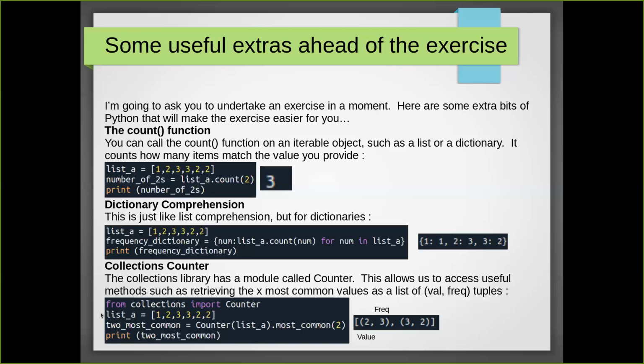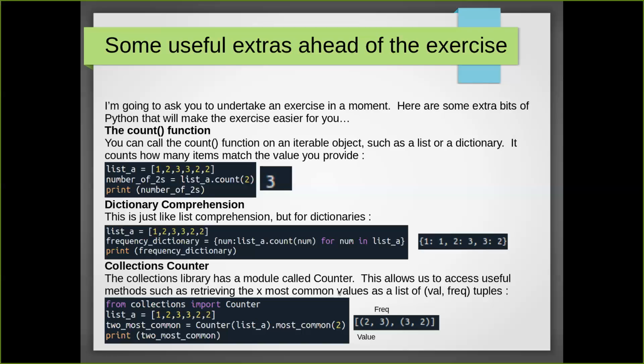So if we write this import statement, from collections import counter, so from the collections library, import the counter module, this gives us access to some really useful methods to count things in lists, and includes things like we can easily grab the 10 most common values in a list, for example, the 4 least common, and things like that, just using very simple methods. So it's a really handy little module.